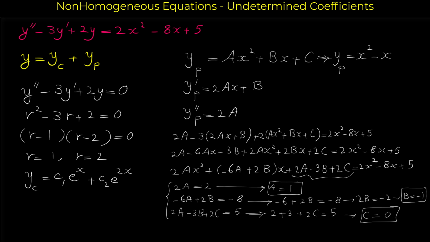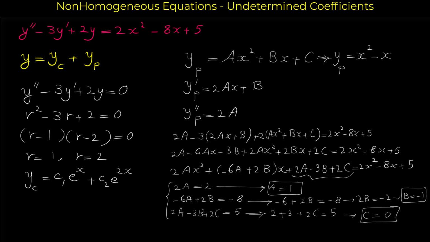This is the particular solution. And here we found that the complementary solution is this. Now, for the general solution, note that the general solution is the sum of the complementary solution and the particular solution.